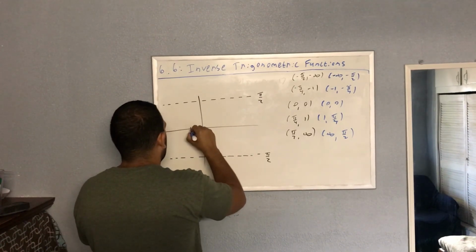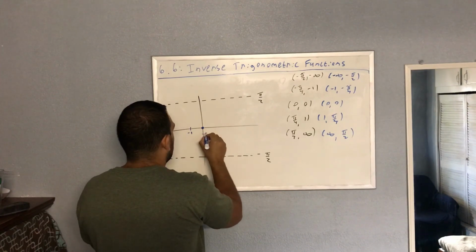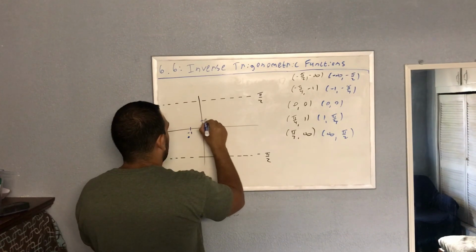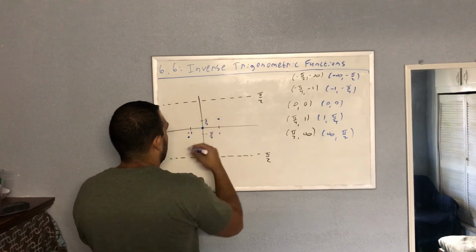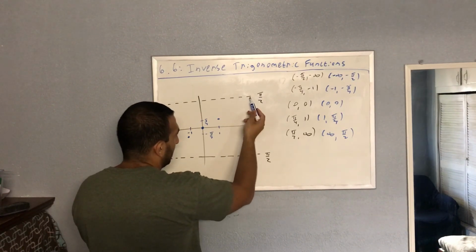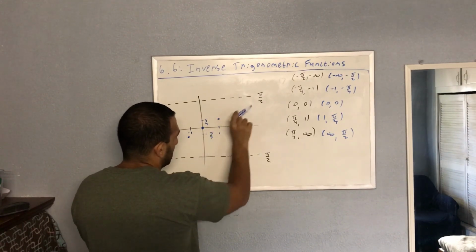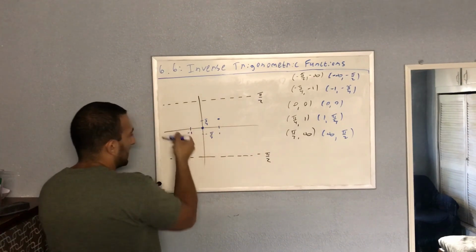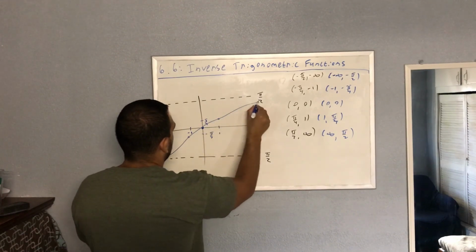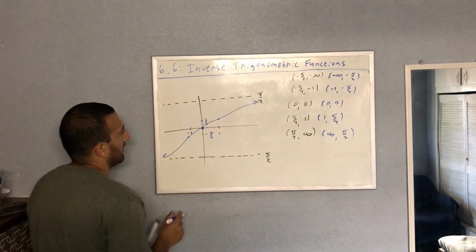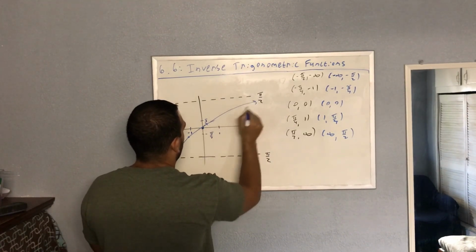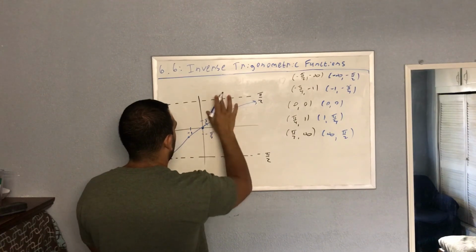At negative 1 we're negative pi over 4. And at positive 1 we're positive pi over 4. And then as we approach infinity, we get close to this. As we approach negative infinity, we get close to that. So the graph looks something like this. Maybe put this slightly higher. So maybe put pi over 4 up here.